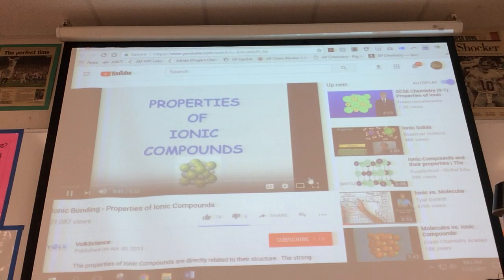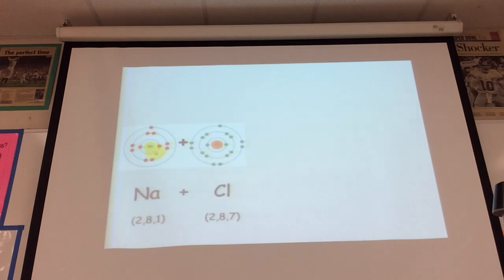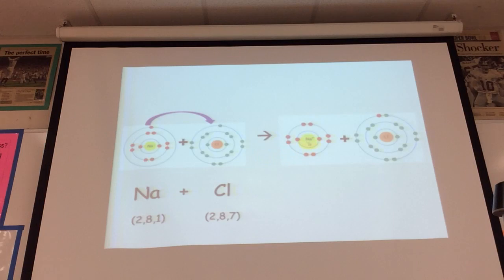Properties of ionic compounds. Ions are formed when metals lose electrons and non-metals gain electrons. Metals lose electrons because they only have one valence electron, and non-metals gain electrons to get a full outer shell. So what happens is sodium can give its electron to chlorine to become sodium 1 plus ion and the chloride negative ion.